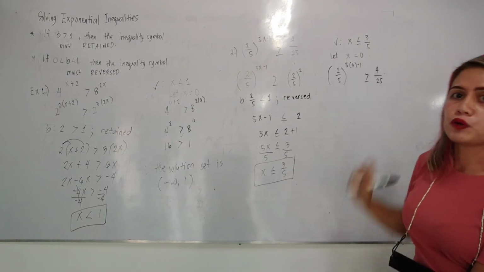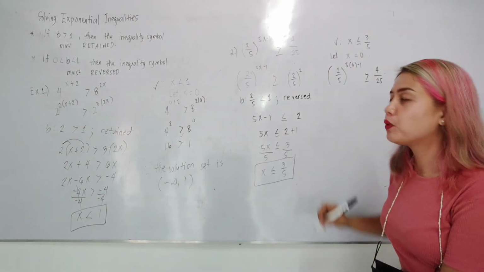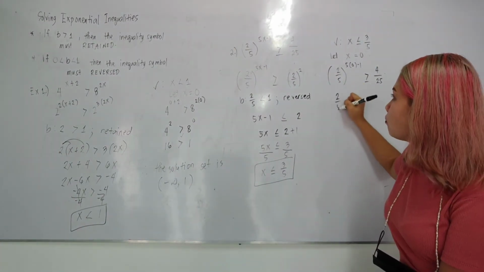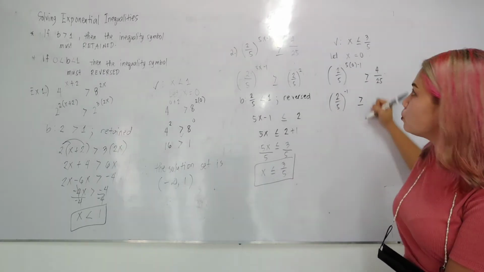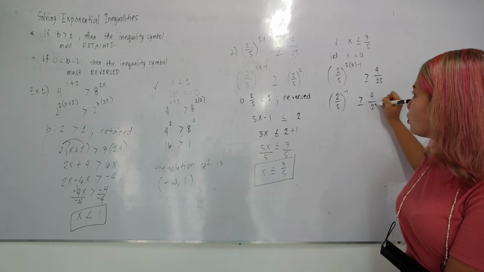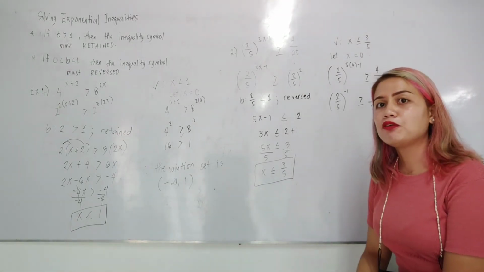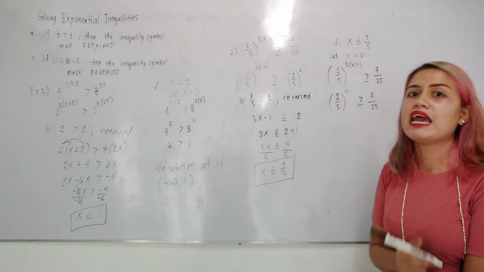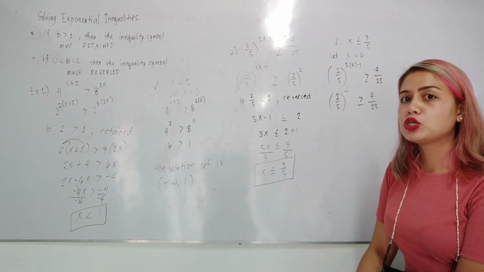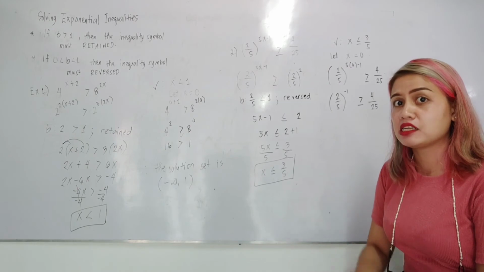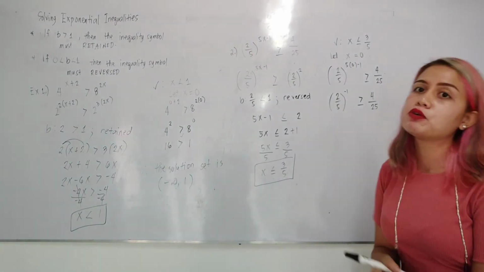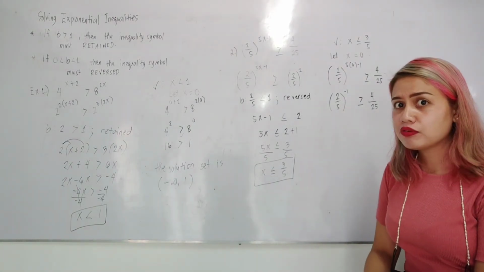Now, 5 times 0 is 0, minus 1 is negative 1. Greater than or equal to 4 over 25. And remember, if you have a negative exponent, you will just get its reciprocal to make it a positive exponent. So what is the reciprocal of 2 over 5?